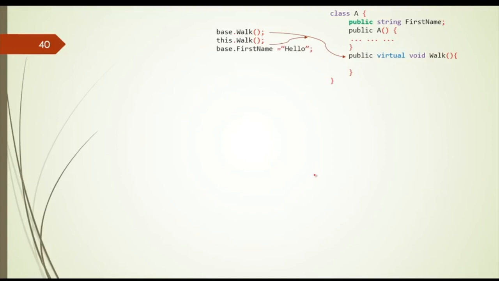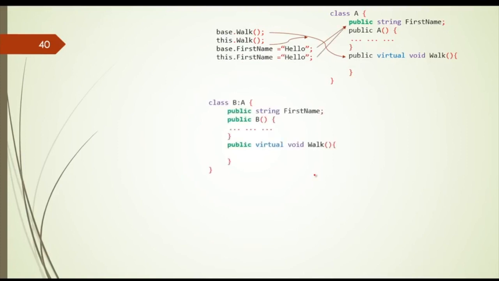When you call base.firstName, it's the same as this.firstName, but it differs when we call it in the inheritance section. If we now call base.walk, it means it points to the function in your base class or parent class. That's it.